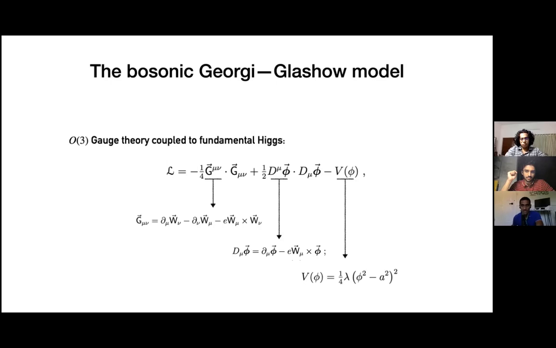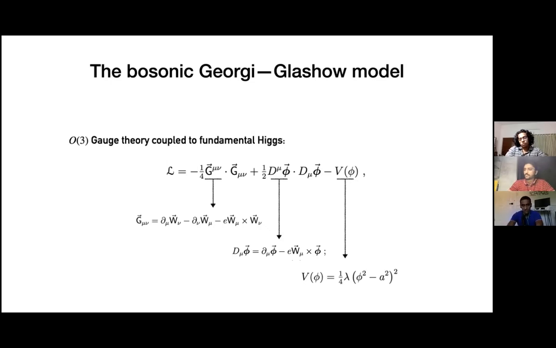But the vector symbol over it tells you that it's an internal space 3-vector, because it transforms under O(3). Same with the phi's, the scalars. But the scalars are space-time scalars. That's why they have no space-time index, but they still have an internal space vector symbol.